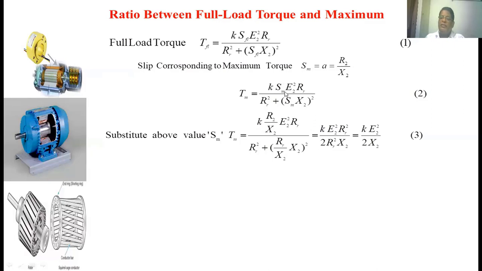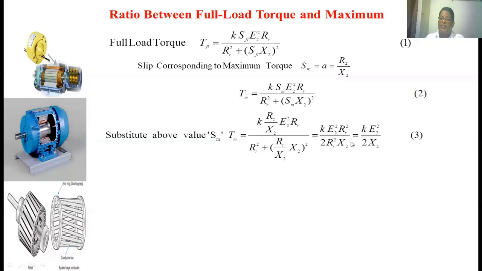In this place, now we have to substitute this one. So the maximum torque developed by the induction motor, T suffix M equal to K into RR by X2 into E2 square RR divided by RR square plus RR by X2 into X2 whole square. If we simplify this, finally we get K into E2 square into RR square divided by 2 RR square.